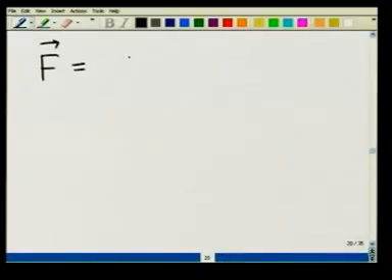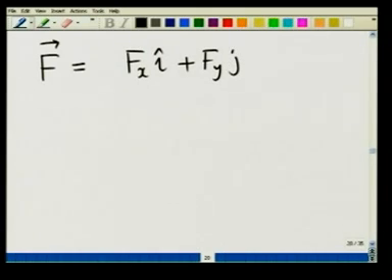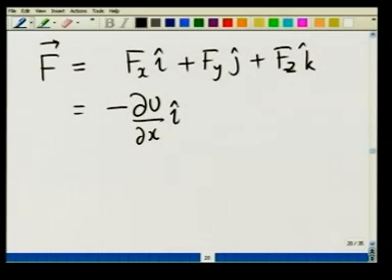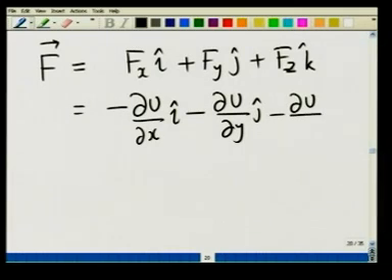So, I write the net force, which is equal to fx i plus fy j plus fz k, and this comes out to be minus partial derivative of u with respect to x i minus partial derivative of u with respect to y j minus partial derivative of u with respect to z k.